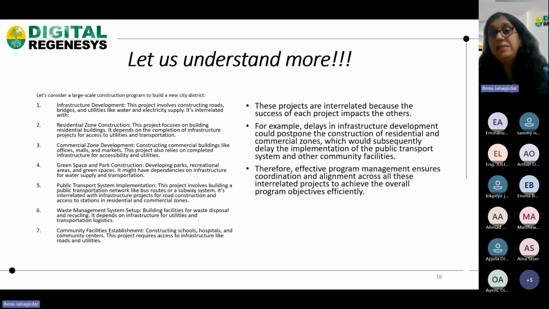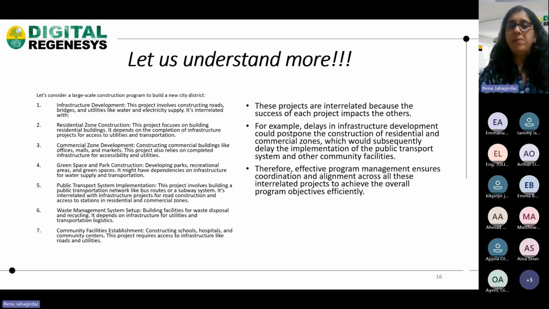Now how do we interrelate these? These projects are interrelated because the success of each project impacts the others. For example, delays in infrastructure development could postpone the construction of residential and commercial zones, which would subsequently delay the implementation of the public transport system and other community facilities.